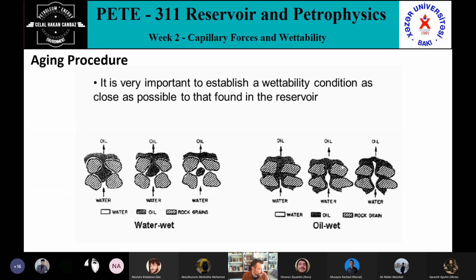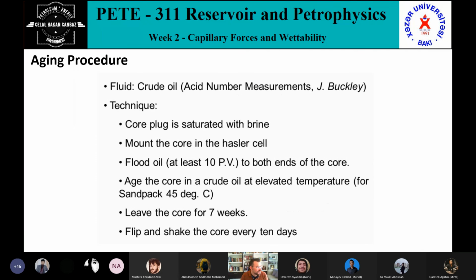If you want to make your lab measurement, you have to buy this one. But you want to make your sample oil wet. How will you do this? There's a procedure to make your water wet rock oil wet. We call it the aging procedure.